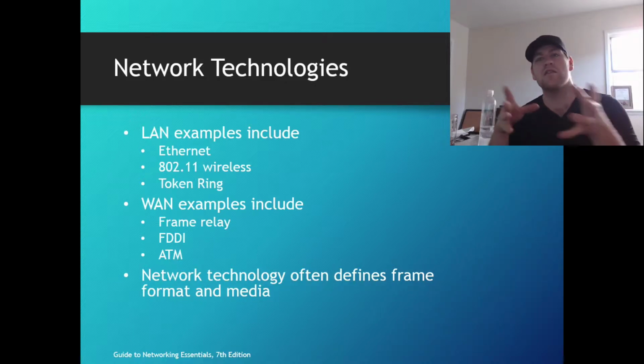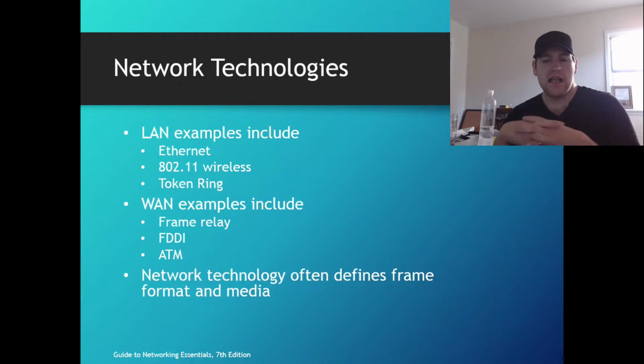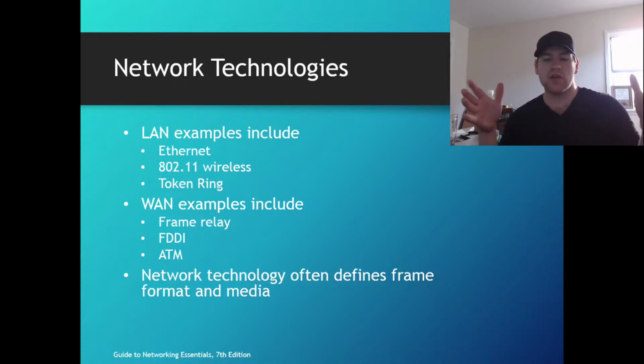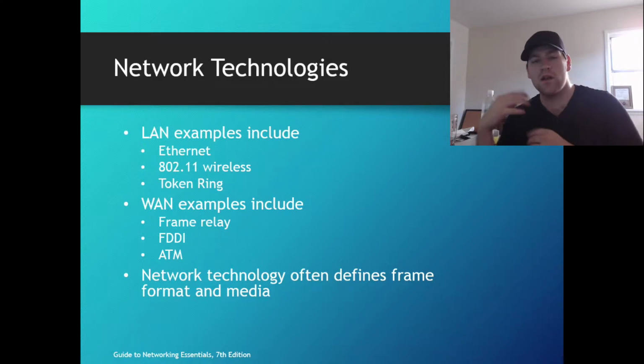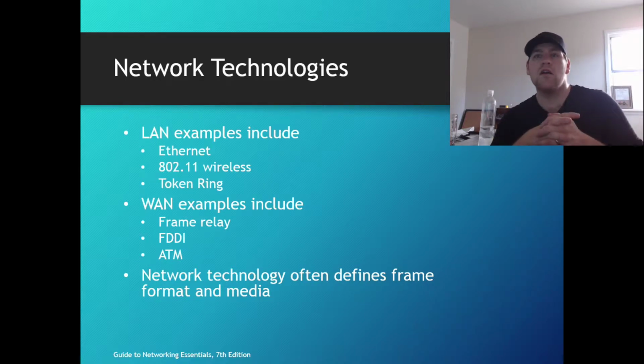The underlying technology defines the frame's format and the media that is utilized. That is how the frame is structured, what information is included in the frame header, and what information is included in the frame trailer. The frames we've talked about so far have been Ethernet frames, which we're going to discuss in a little more detail now.